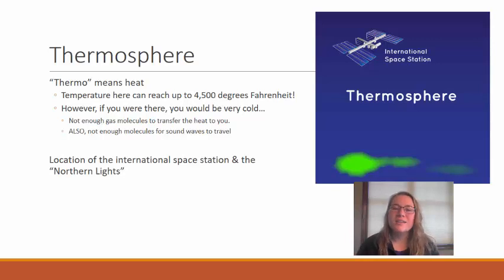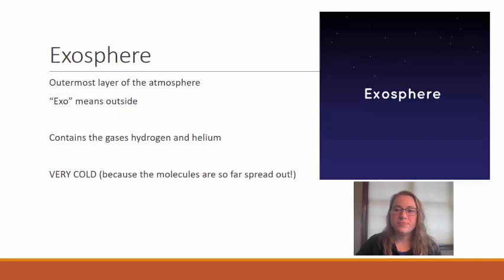That's because the gas molecules are spread so far apart that they're not able to transfer their heat to you. This also means that there are not enough molecules for sound waves to travel. So this is incredibly quiet, and it feels very cold out in the thermosphere.